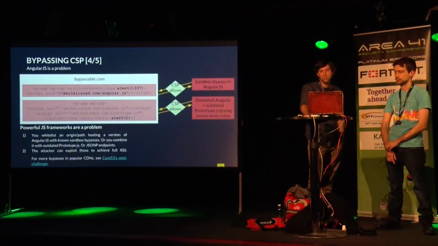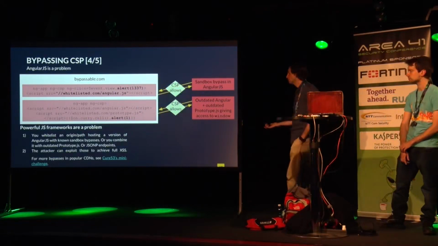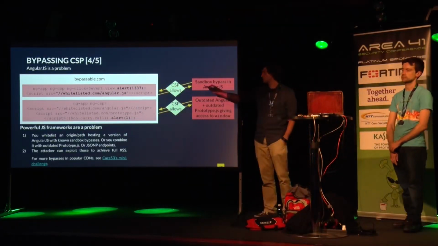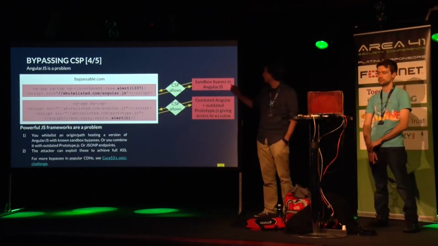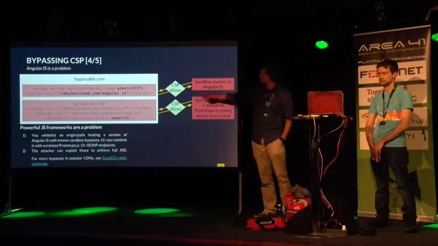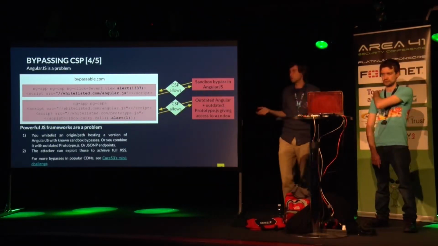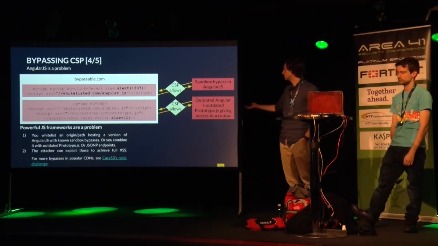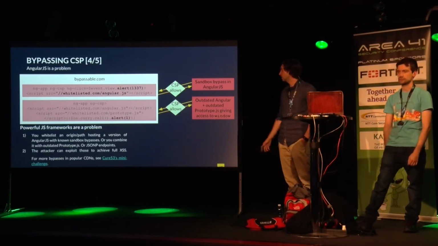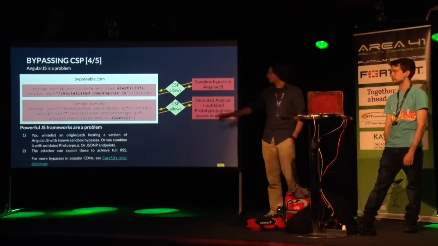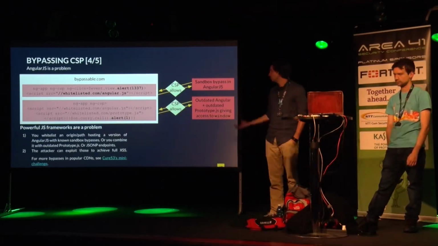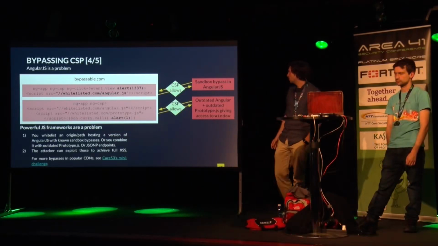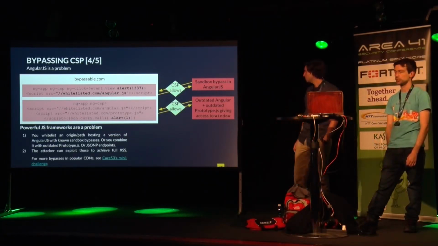And what is basically happening is not hard, right? whitelisted.com is still whitelisted, of course. So it can load Angular, and then you just inject some Angular markup, and it will execute. And there are dozens of sandbox escapes for Angular. For example, $on.curry.call will give you the window object.